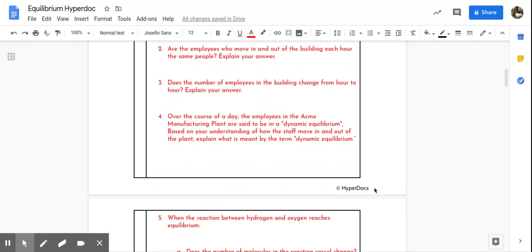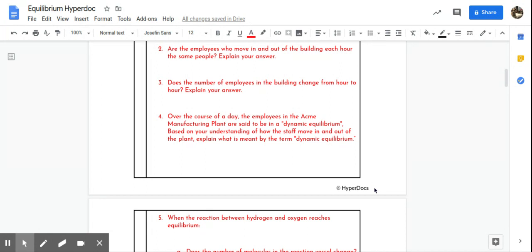So that brings us to number 4. Over the course of the day, the employees in the Acme manufacturing plant are said to be in a dynamic equilibrium. Based on your understanding of how the staff move in and out of the plant, explain what is meant by the term dynamic equilibrium. Obviously you can do this in your own words. I'll try my best to explain it. There are 2 parts to this term, dynamic and equilibrium. Equilibrium is something that we're going to maintain.